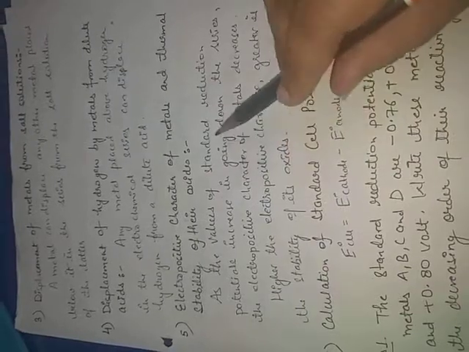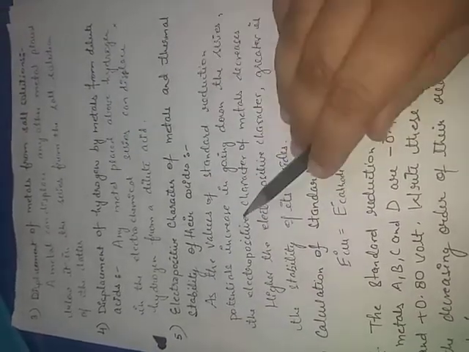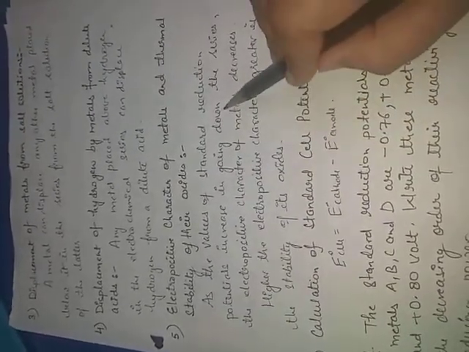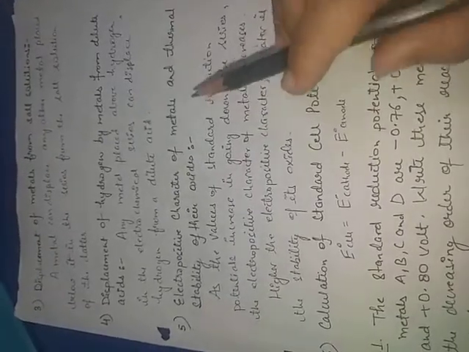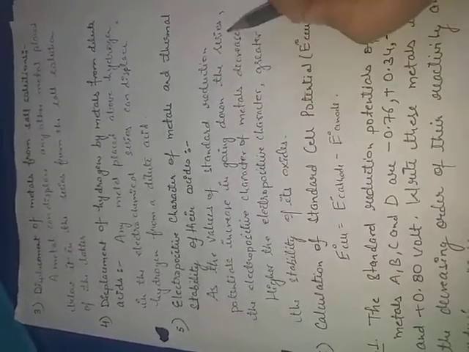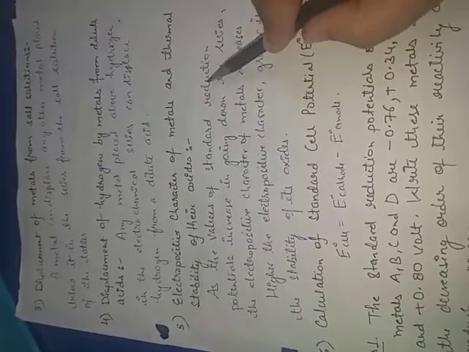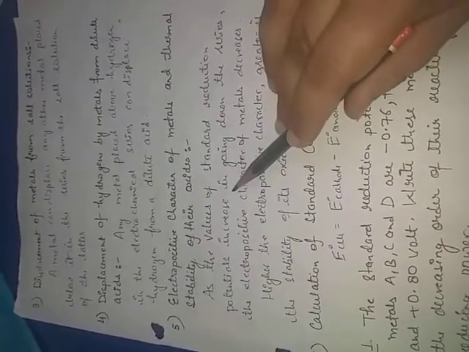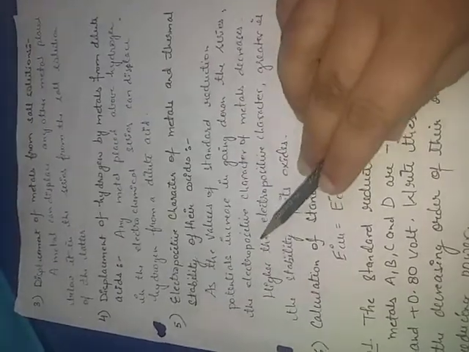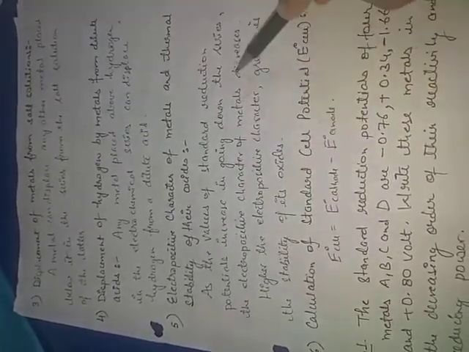So as the standard reduction potential values increase down the series, not the group, down the series, the electrode reduction potential values are increasing. We have seen that negative values and then 0 and then positive, it keeps on increasing. The electropositive character of the metal decreases.